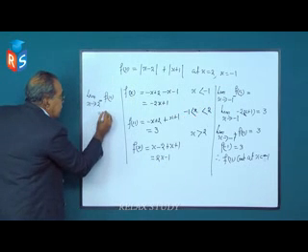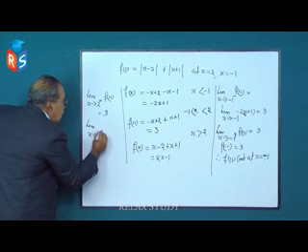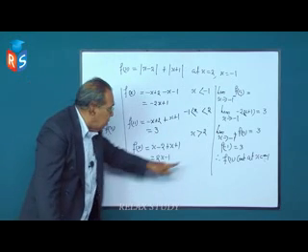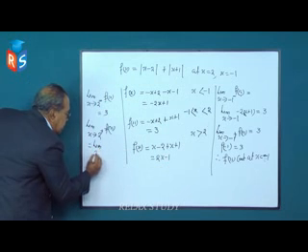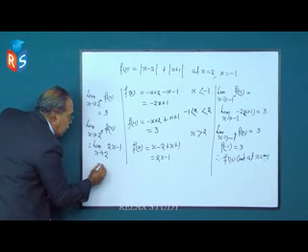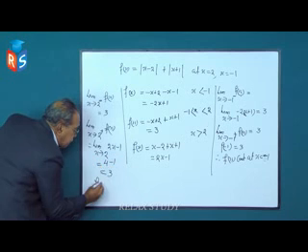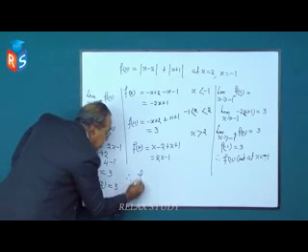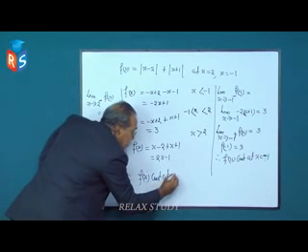The limit as x tends to 2 plus of f(x): 2 plus means x greater than 2, the value is 2x - 1, that's equal to the limit as x tends to 2 of 2x - 1, that's 4 - 1 equal to 3. Therefore the limit is also equal to 3. Therefore, f(x) is continuous at x = 2.